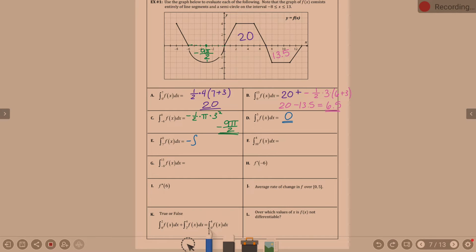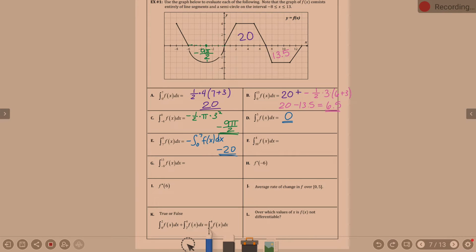So this is going to be negative integral from 0 to 7 of f of x dx. So my answer here is negative 20. Because back on part A, we already found the area from 0 to 7 was 20. So from 7 to 0, we're talking negative. Basically, you're moving left now.